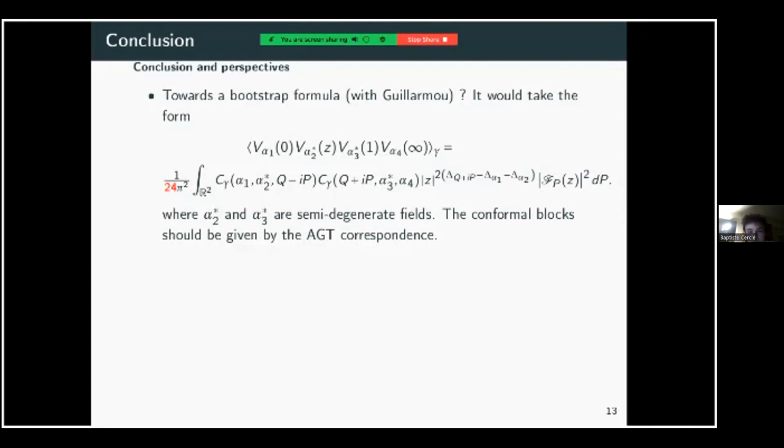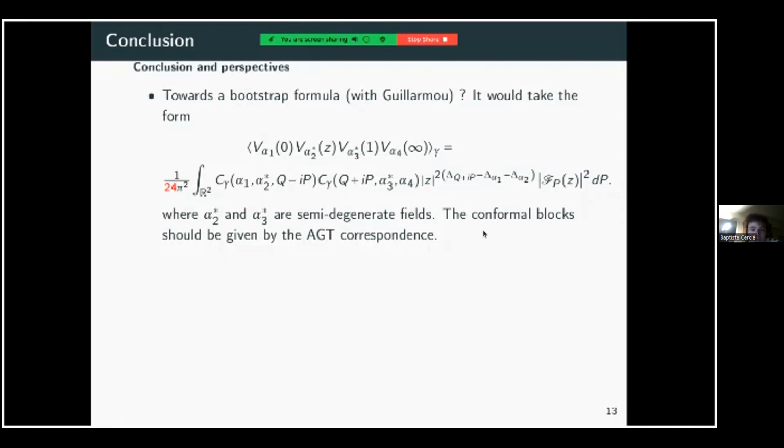And so this formula, what's inside? You have these structure constants, which are given by the Fateev-Litvinov formula proved that I have just shown you before. And the second ingredient will be these conformal blocks F_P of z, which should be given by the AGT correspondence.